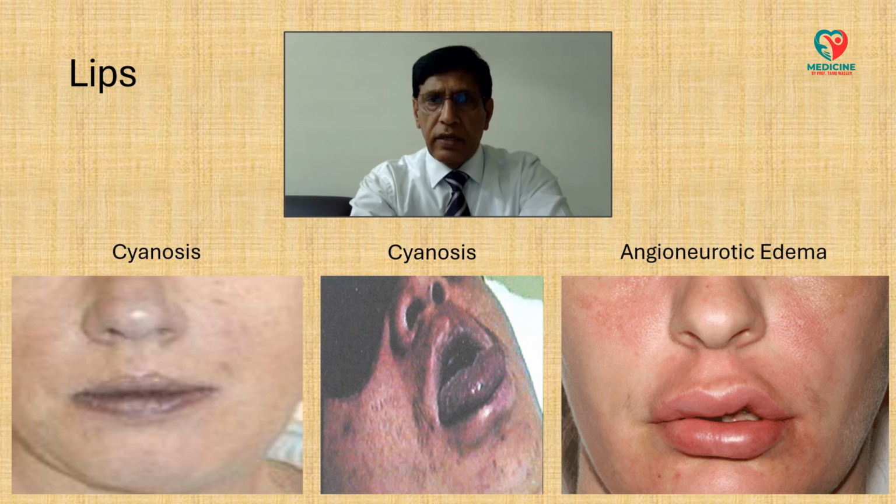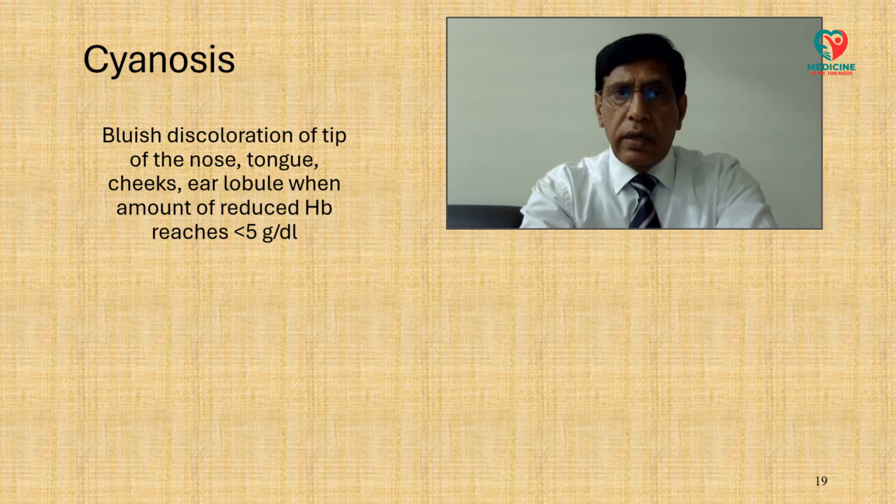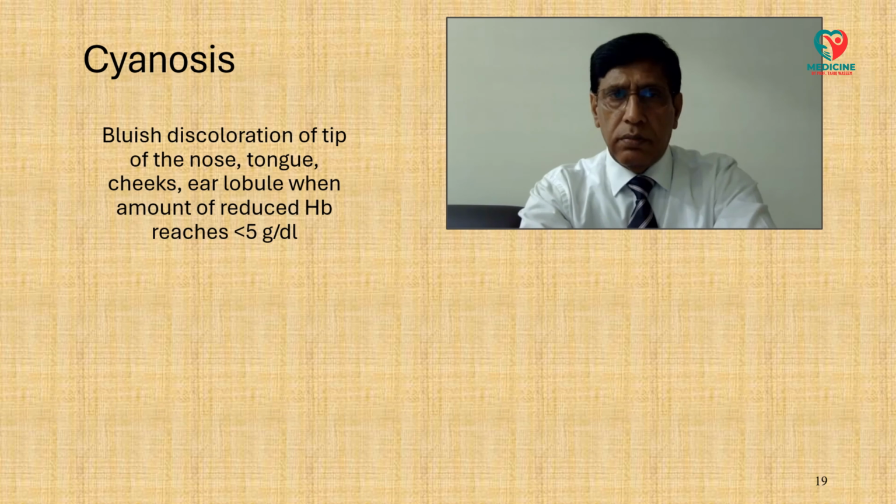So with lip abnormalities, apart from observing them for cyanosis, you may notice any swelling of the lips. Regarding cyanosis, it must be clarified whether the person is suffering from central cyanosis or peripheral cyanosis.